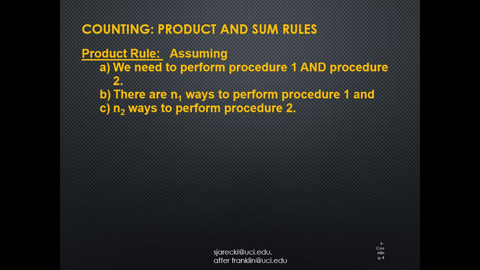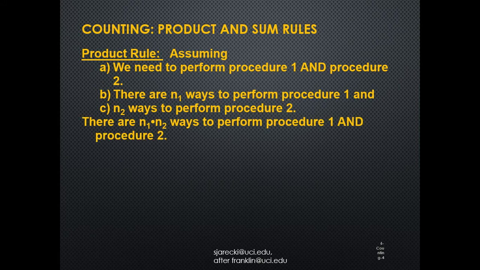We have here letter A. We need to perform procedure 1 AND procedure 2. If you have observed, "and" is emphasized here in capital letters. It is because when we see "and", we are going to use the product rule. In letter B, there are N1 ways to perform procedure 1 and there are N2 ways to perform procedure 2. So to apply, you have to multiply the number of N1 ways with N2 ways.